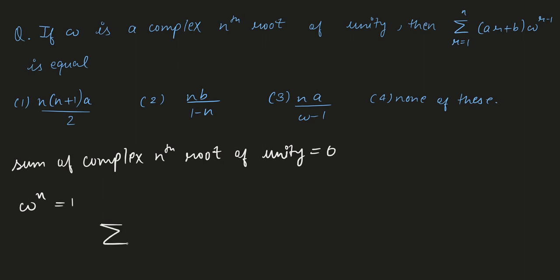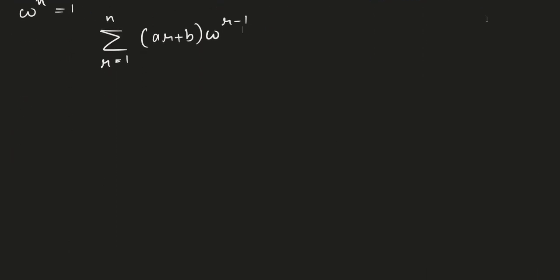The given expression is the sum from r equals 1 to n of (a r plus b) into omega raised to r minus 1. First we have to expand this expression. We'll put r equals 1, r equals 2, r equals 3.